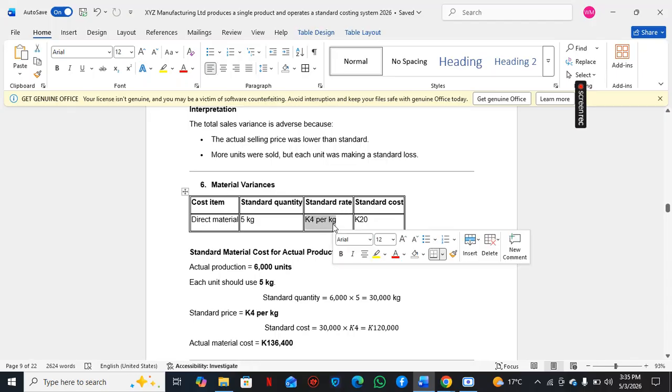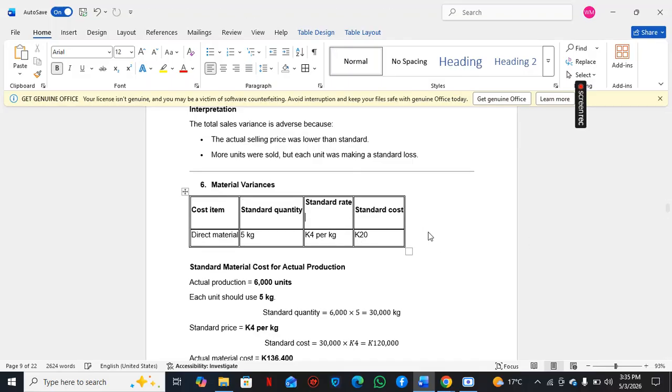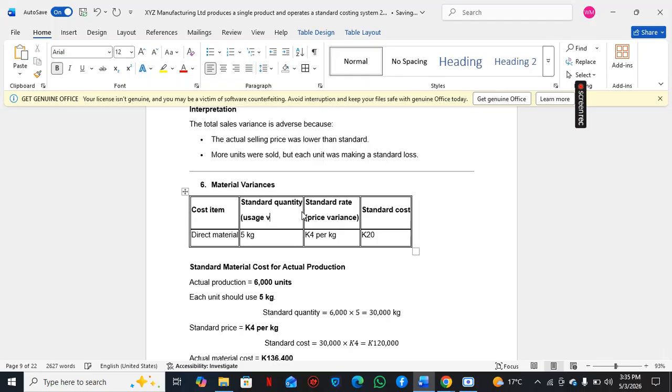This is how you can also remember this on the standard cost card. This information will relate to the price variance. The standard quantity will relate to the usage variance for materials. And this total standard cost is the total cost variance.